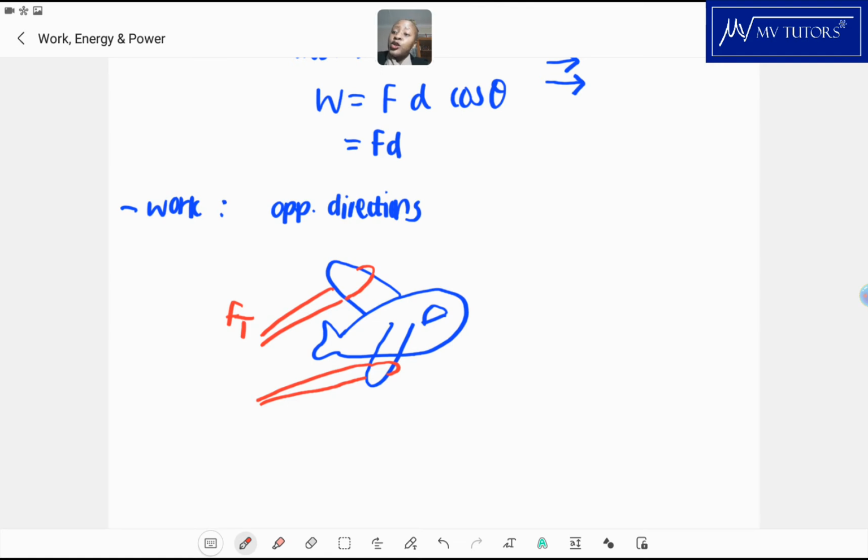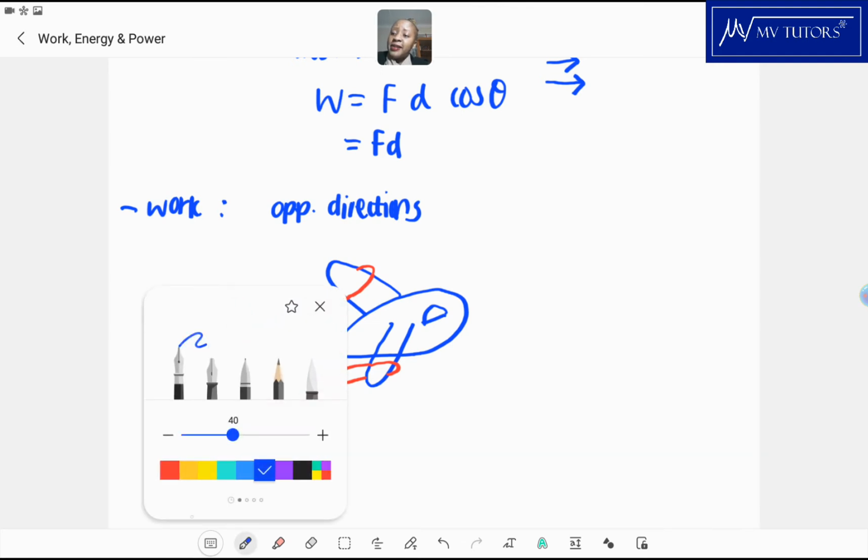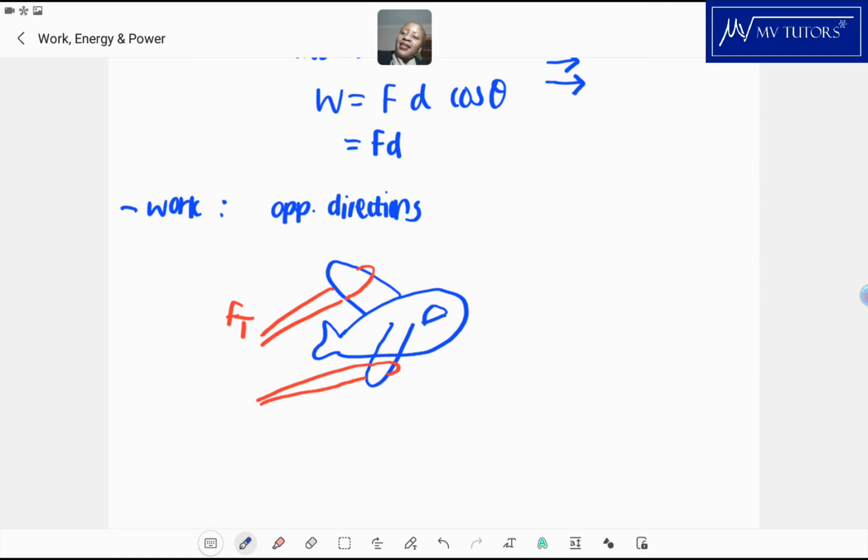If you have realized, the aircraft is moving in an easterly direction. The force applied by the engine is allowing this airplane to move east, but the tension cords are going west.